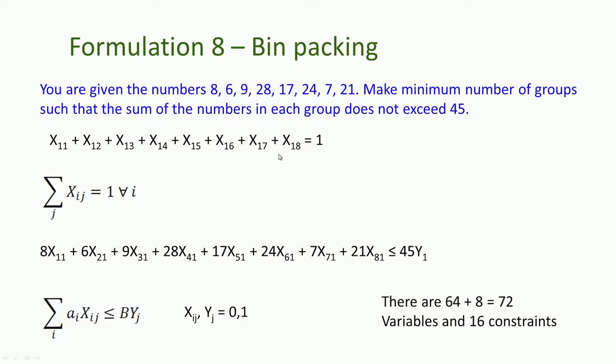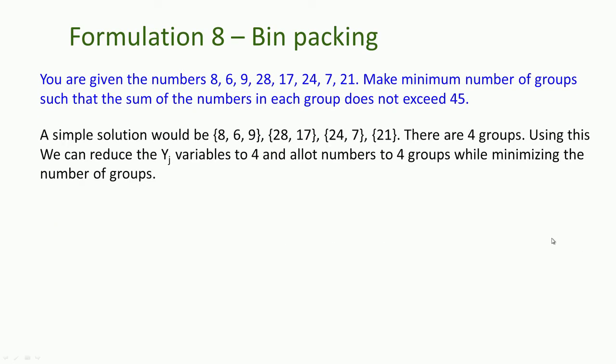So, if we start with 8 possible groups and then try to reduce it, there will be 64 xij variables and 8 yj variables. We can try and reduce it a little bit by looking at the simple solution with 4 groups. Therefore, if we have a solution with 4 groups, then we could think of 8 into 4, 32 xij variables and 4 yj variables.